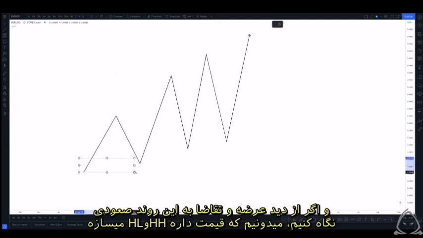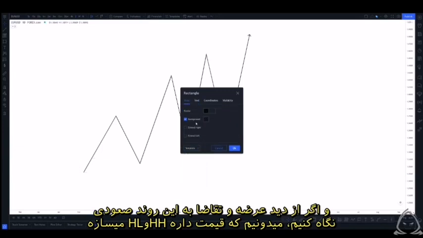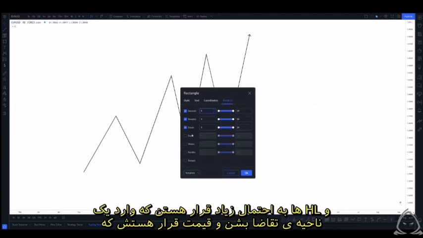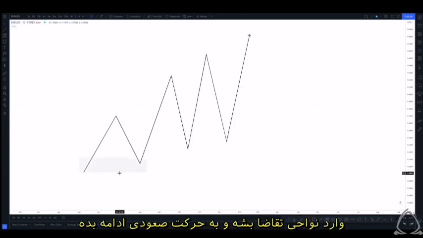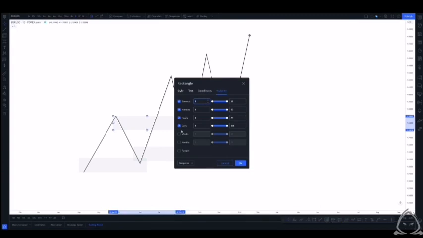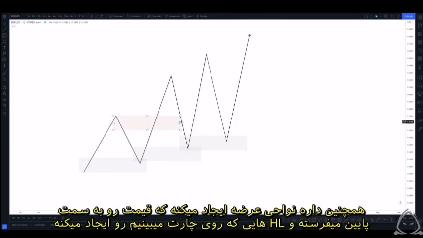If we're looking at this bull trend from the basis of supply and demand, we know that as price is creating higher highs and higher lows, the higher lows are more than likely going to tap into some form of demand zone, and price is going to continue tapping into demand zones and moving off. What we're also able to gain from that is, as price is creating the swing highs, it's also creating supply zones that are pushing price down into forming the higher lows that we see on the chart.